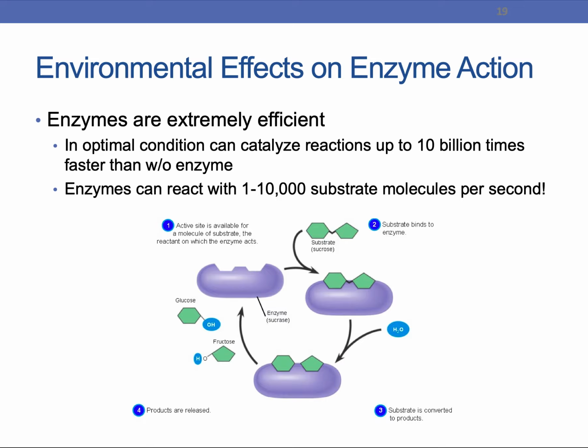So enzymes will react in ways that significantly improve the rate of reaction, and therefore make it possible for living organisms to maintain their lives and continue to pass on genes to the next generations.